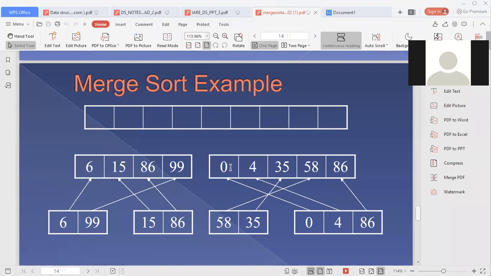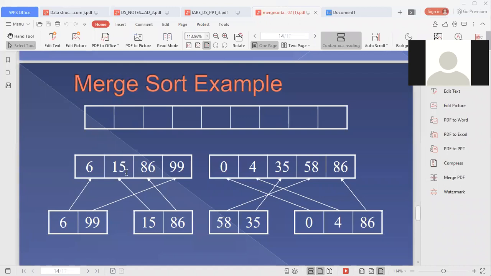Now J's position, that means 0 comes here and occupies the first position of the array, and J is incremented. Now what is the new position of J? The new position is J plus 1.